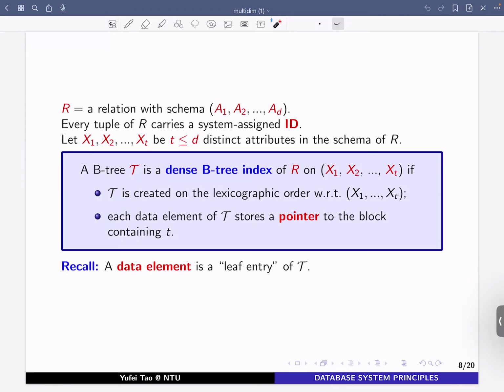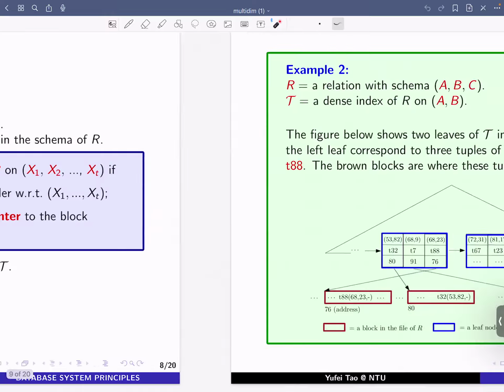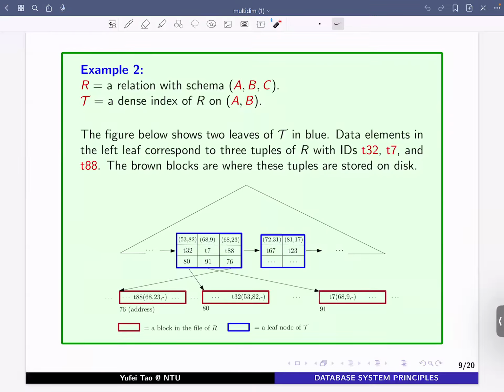This is exactly the same definition we saw in the previous lecture, except that here the total order is defined on multiple attributes rather than just one attribute. You can also say that this definition generalizes the one from the previous lecture, because there the value of t was strictly one. Nice.